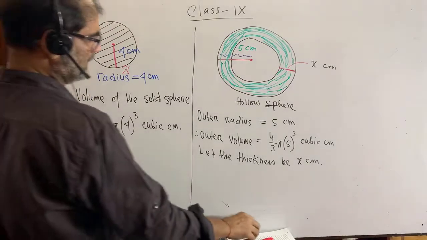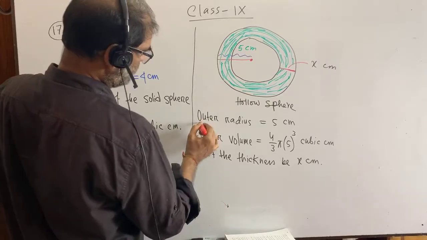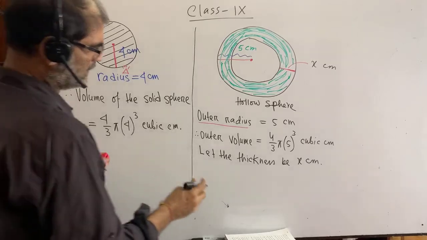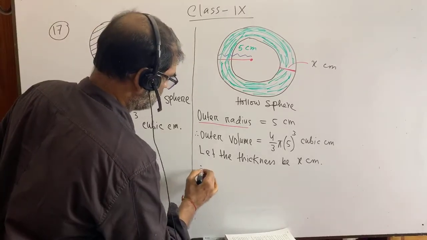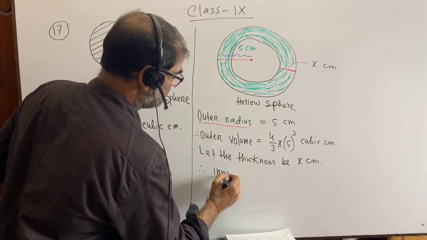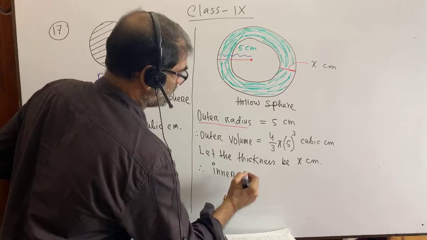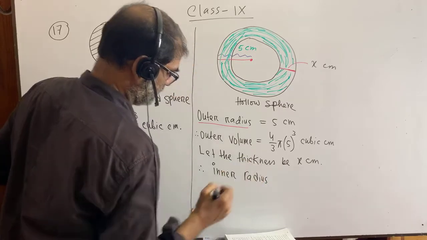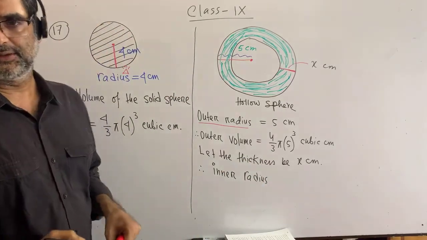Okay, so the outer radius is 5 centimeter. So can you write, therefore its inner radius equals to what? Can you please tell me what will be the inner radius?